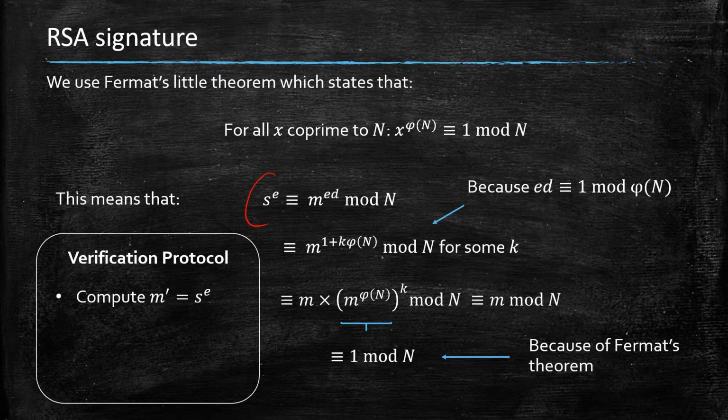The verification protocol then consists in calculating s to the e mod n and verifying that it equals the message. So again, the verification protocol takes the signature, the message and the public key as input, and the output is whether or not it is a legitimate signature.